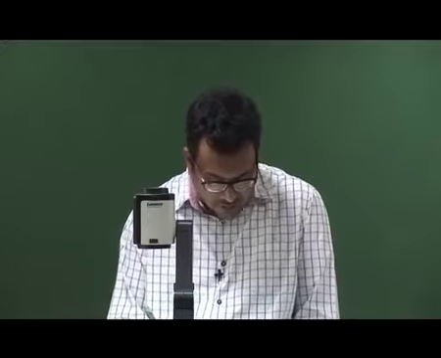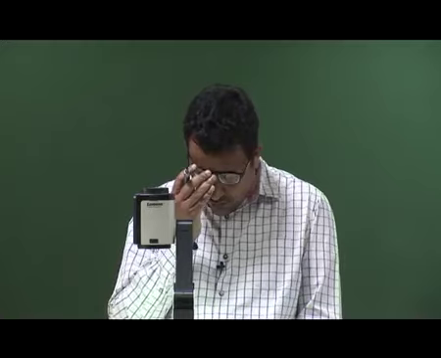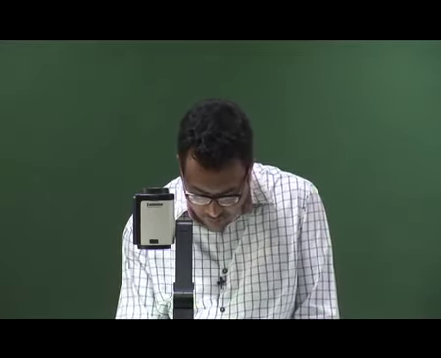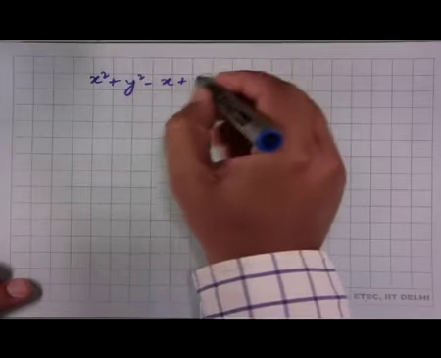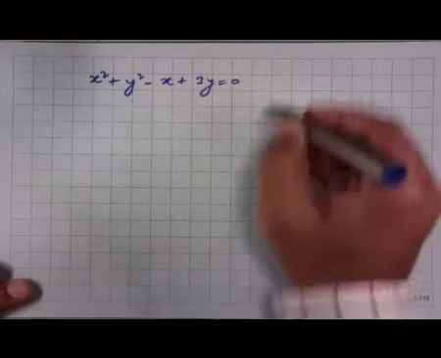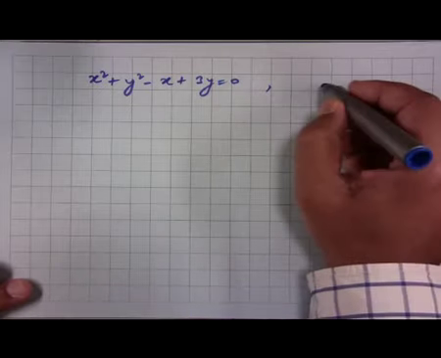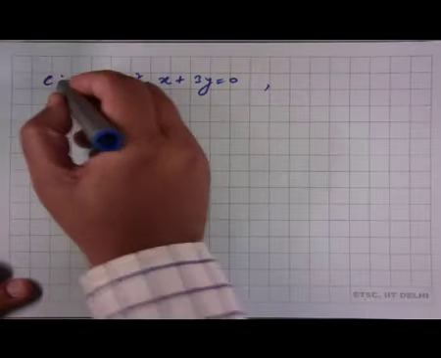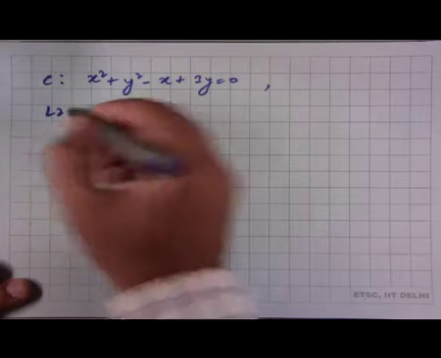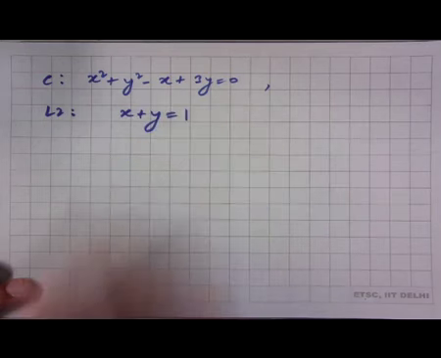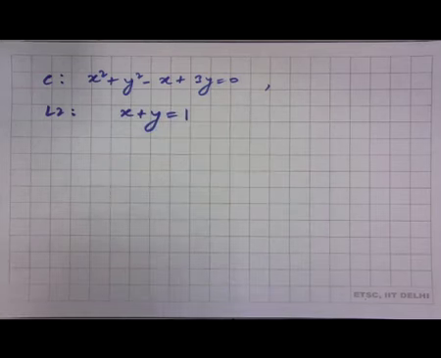So, let us first find the value of the intercept. So, we have this circle, and we have a straight line L2 whose equation is x plus y equal to 1.